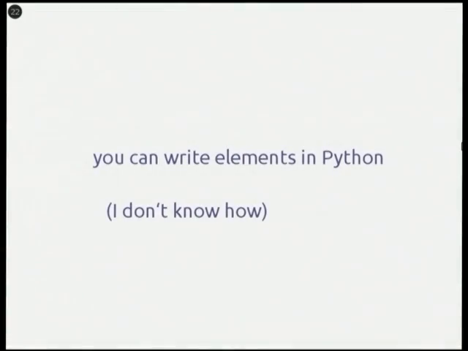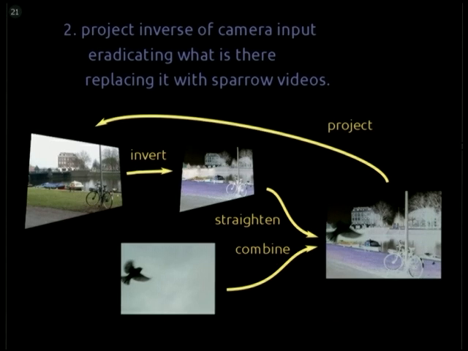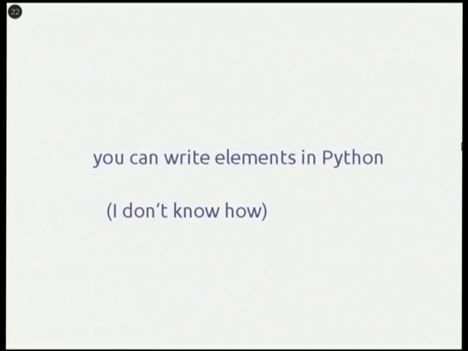And right, so the thing about this artwork, it's a simple pipeline, but it's quite complicated inside that element that I had to write to make it work. And I wrote that in C because it's the normal way to write GStreamer stuff. It's not all that nice, but there are things to help you.